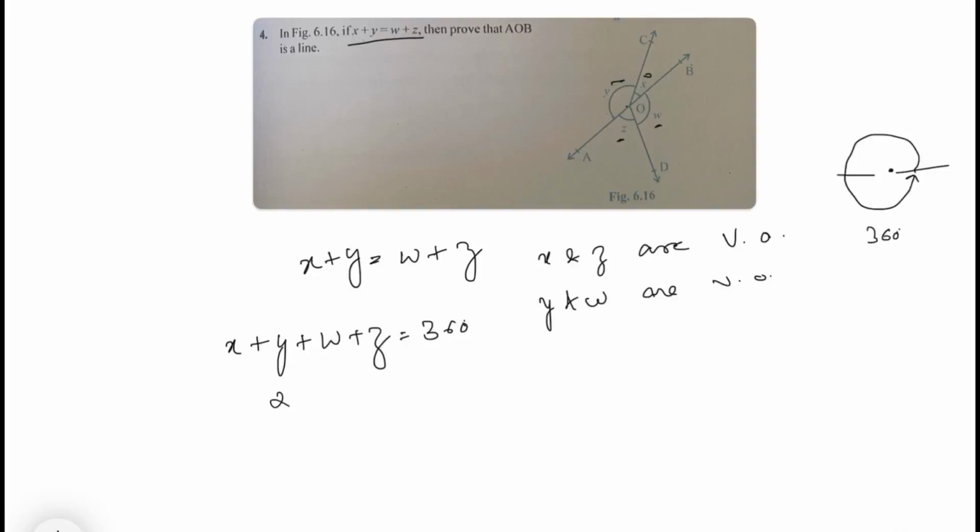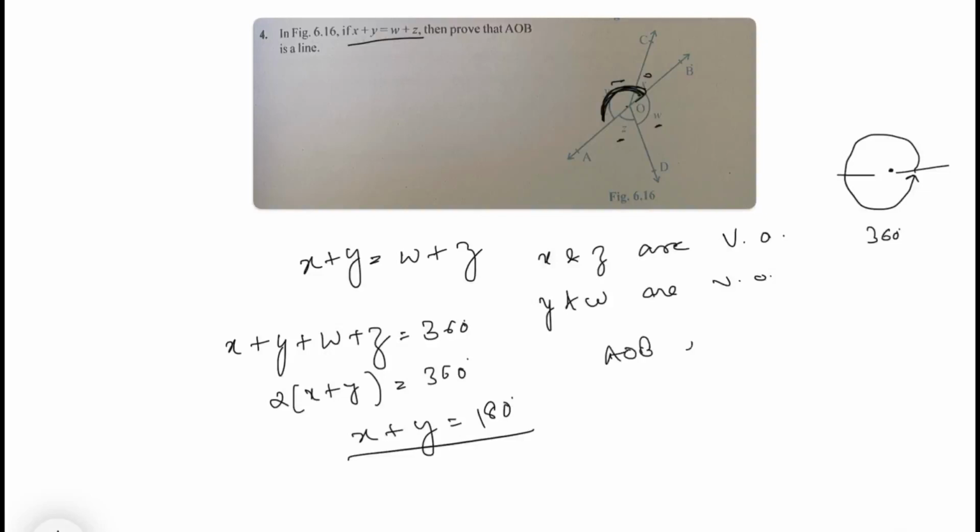So twice of x plus y is equal to 360 degrees. So x plus y is equal to 180 degrees. And what happens when the sum of two angles that are adjacent to each other is 180 degrees? It basically means that AOB is a line. So this is how we prove this.